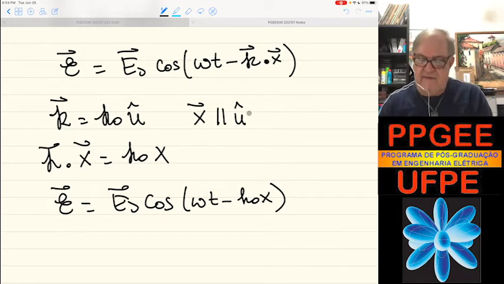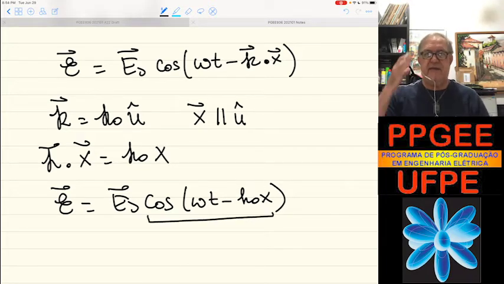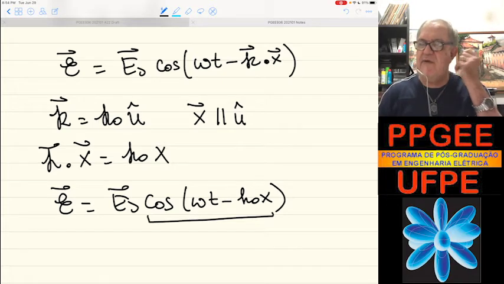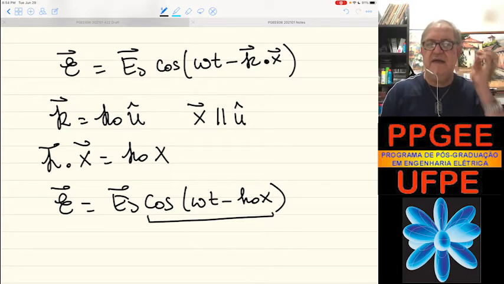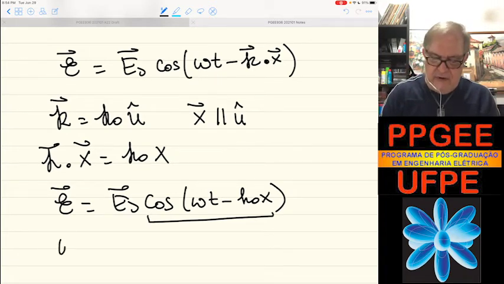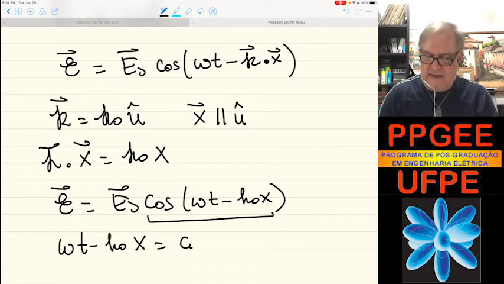If you want to keep the phase constant of the cosine, what do I have to do? What would be the velocity of a fictitious observer to always see the same wavefront, the same phase? So I have to keep omega t minus k0 x constant.